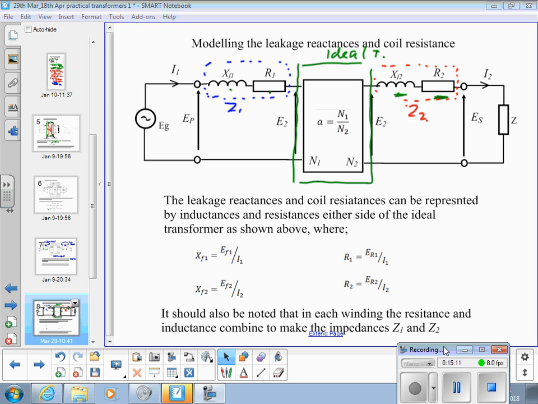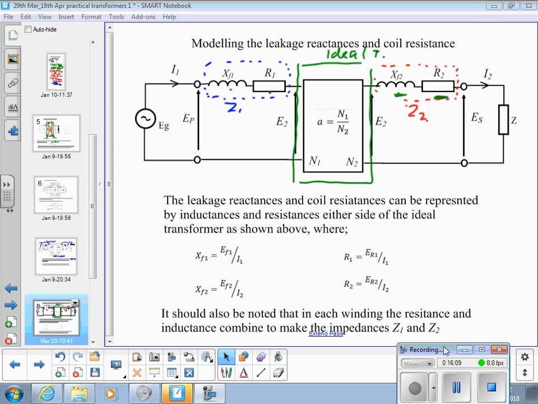Well, yes, you can measure it. But the best way to get the parameters is by doing an open circuit, short circuit test.